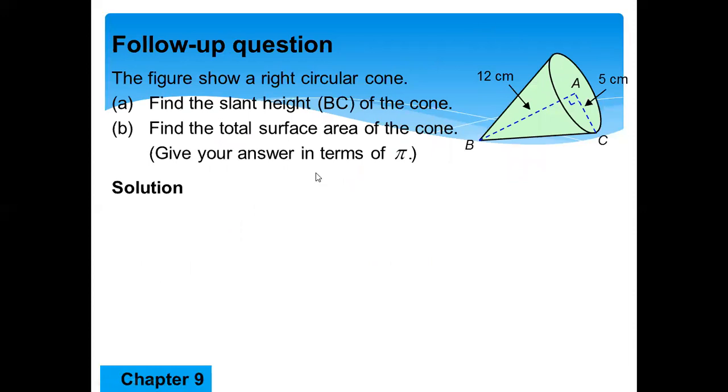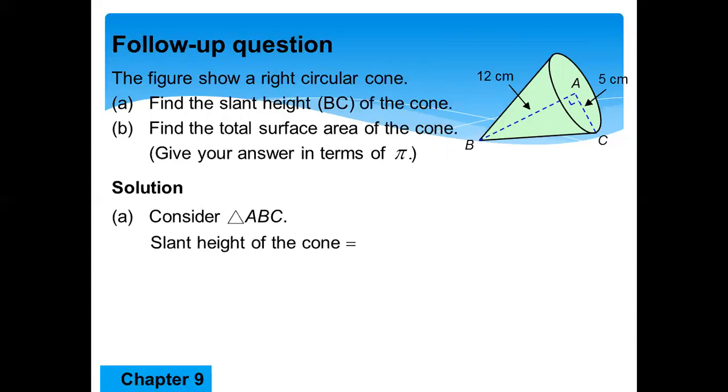One more example. If we want to find the slant height BC, 12 is the height. From the vertex to the base is the height. Slant height is BC. You can see the right angle here. So consider the triangle ABC. We can find BC using Pythagoras theorem.